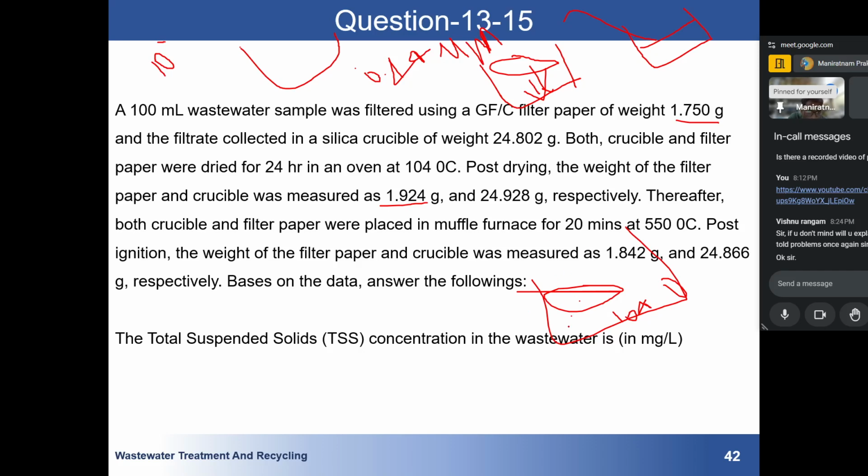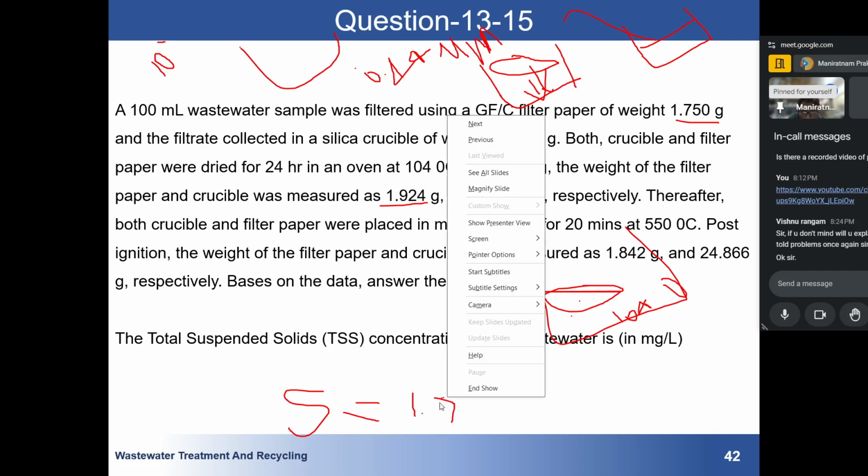The mass is obtained by subtracting these two values, because the mass of the filter paper is constant, that is 1.75. So the solid which has been collected at this surface will be my suspended solid, that is 1.92.